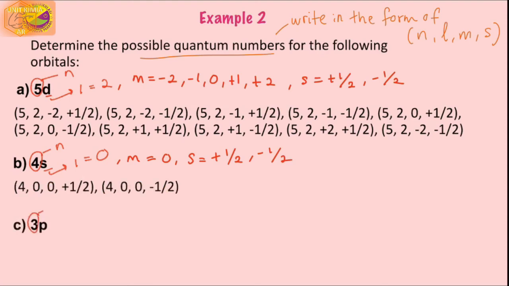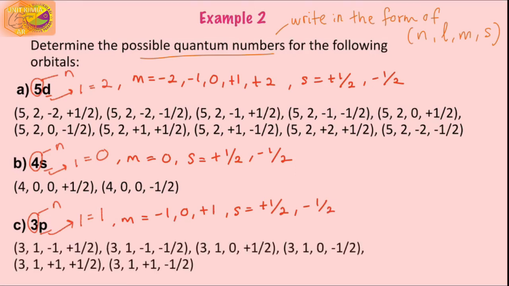The value of n is 3 and the value of l is 1. Hence, the value of m are -1, 0 or +1, while the value of s are +half or -half. Thus, we will have 6 possible combinations of quantum numbers.